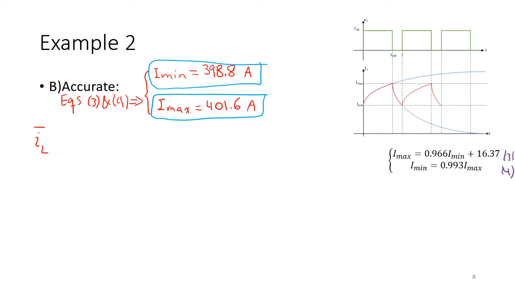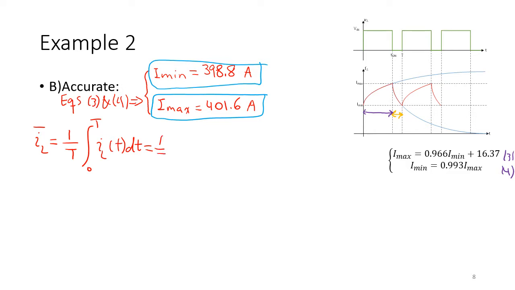IL average is equal to 1 over T, because it's a periodic function, we just need to integrate over one period, one cycle, IL(t) dt. But we have two different equations for this interval and this interval. So we break the integral into two parts.